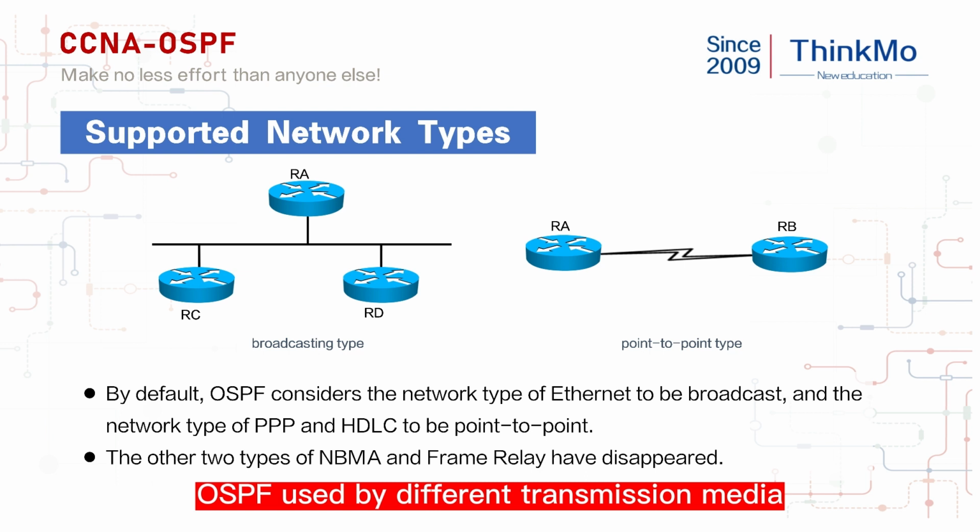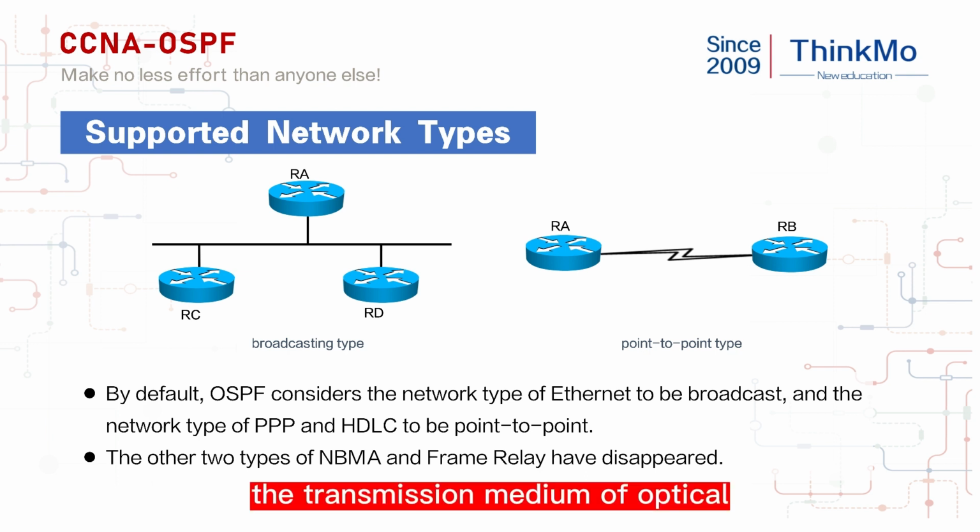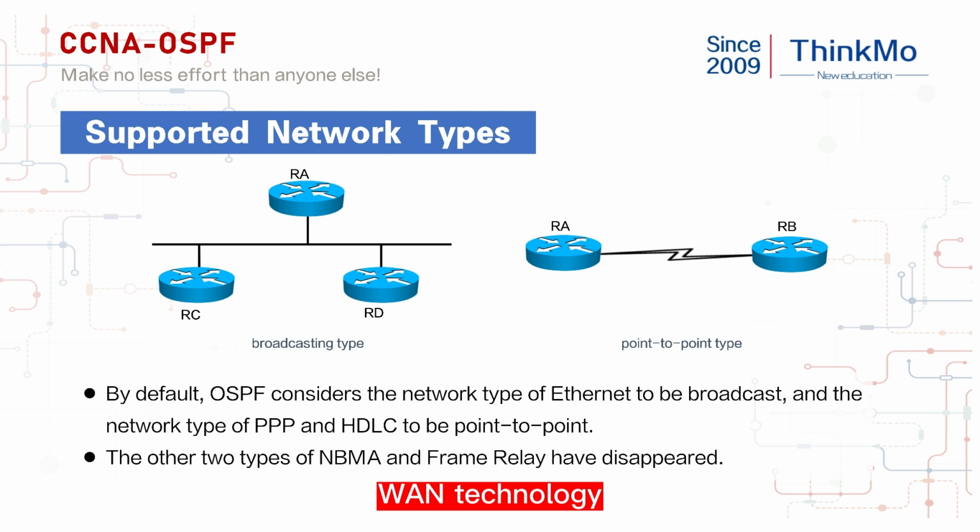Different transmission media support different environments for OSPF. Now we are all using network cables and fiber optics. The default is the broadcast type, as long as it is a network cable or optical fiber transmission medium. If it is a serial port with WAN technology, this is point-to-point.